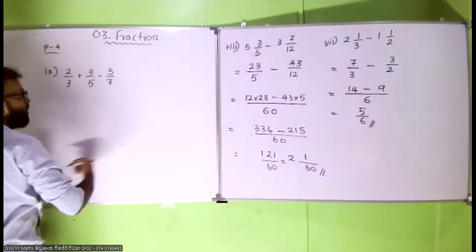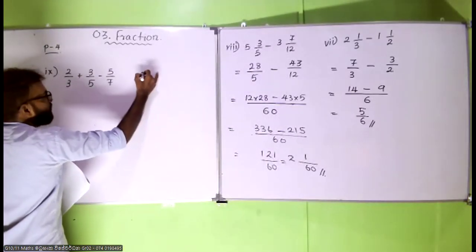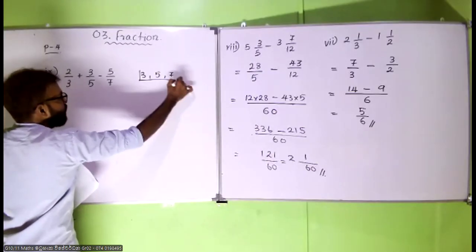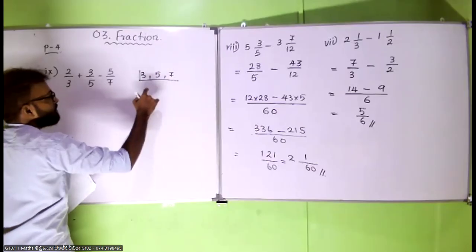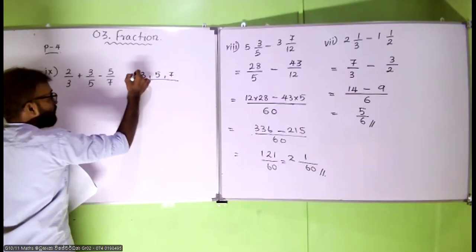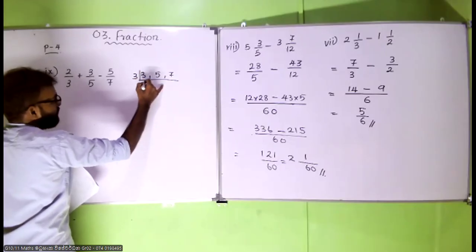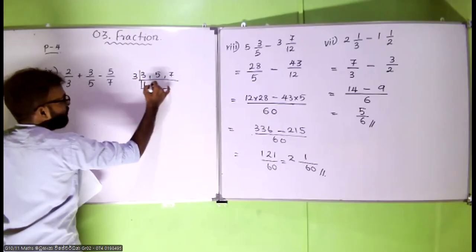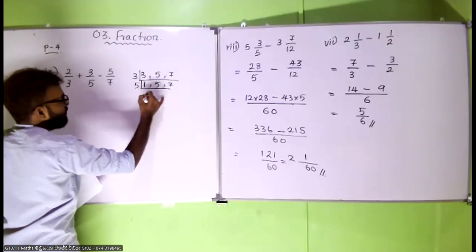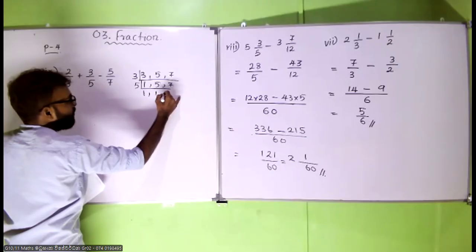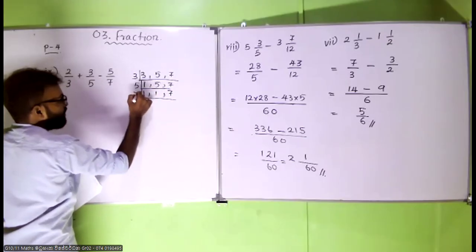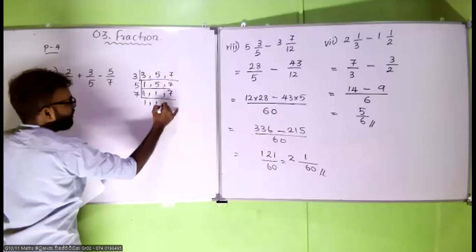So here you have 3, 5, and 7. None of these can be divided by 2. So the least prime factor is 3. 3 times 1, then write 5 as it is, 7 as it is. Then the next number is 5, until you get 1, 1, 1. Then these 3 numbers can be divided by 7, giving 1, 1, 1.